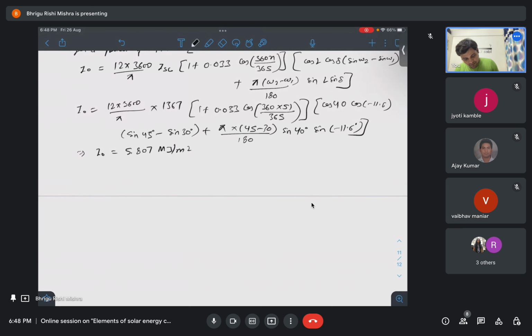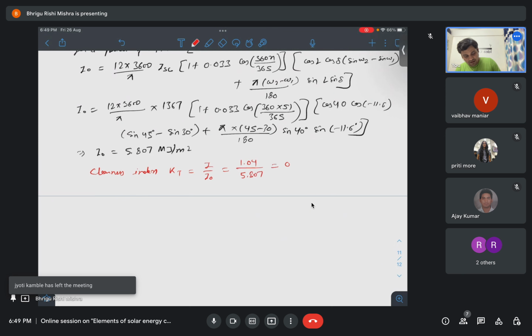Okay, so clearness index KT is I by I naught, which is 1.045 by 5.807, and it is 0.18.